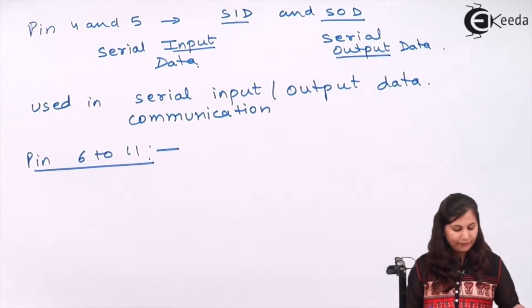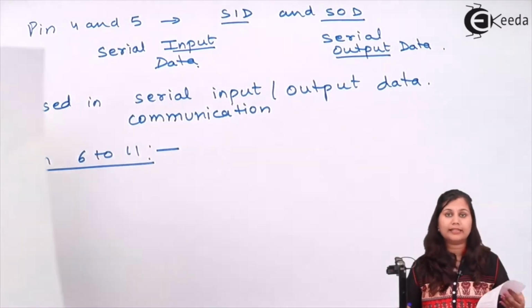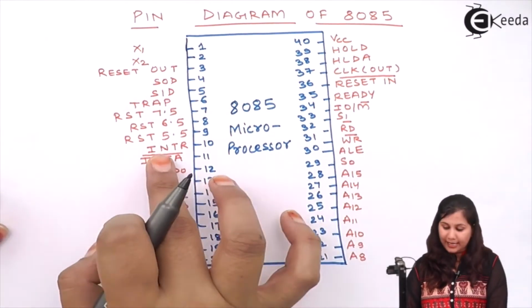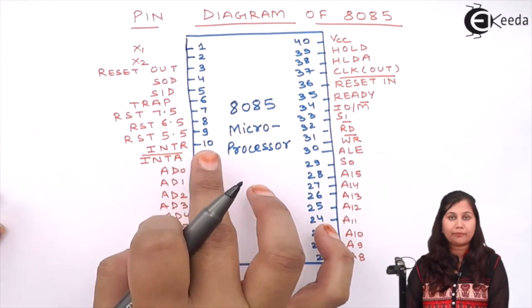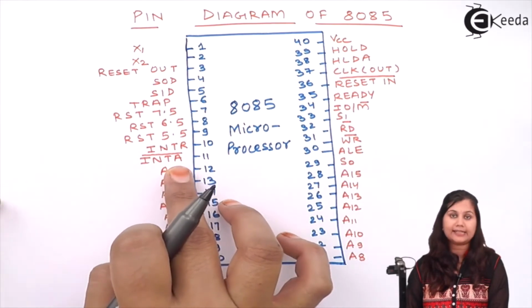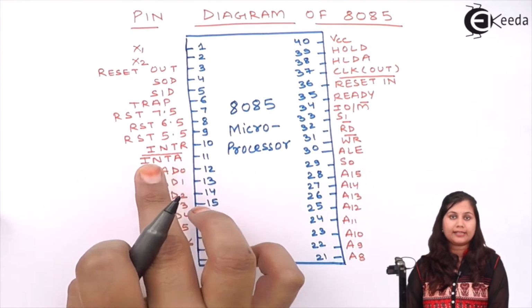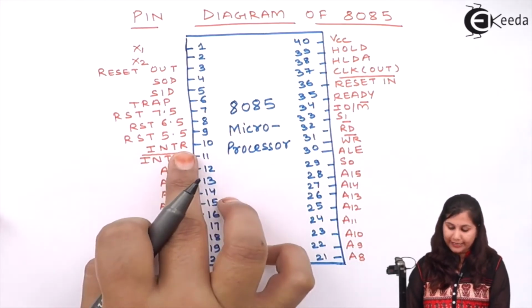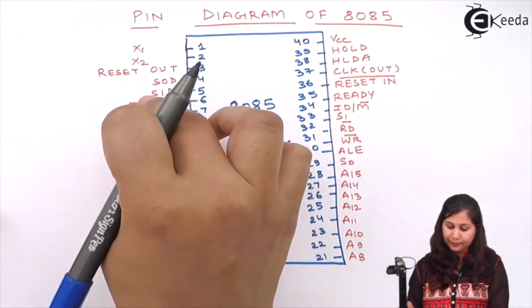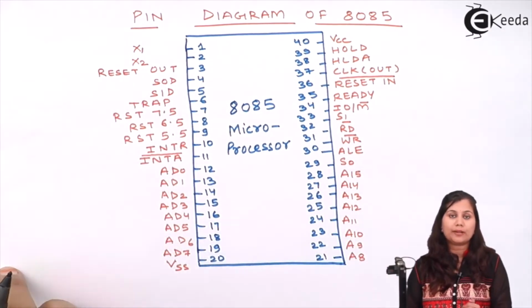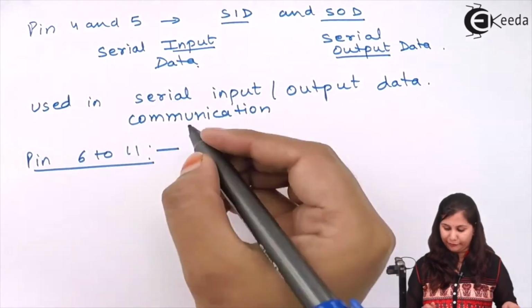TRAP, RST 7.5 to RST 5.5 and INTR. These are the various types of interrupts, TRAP and restart signals. And INTR is the interrupt request and INTA is the interrupt acknowledge signal. This INTA bar is an active low signal. INTR is an active high signal.